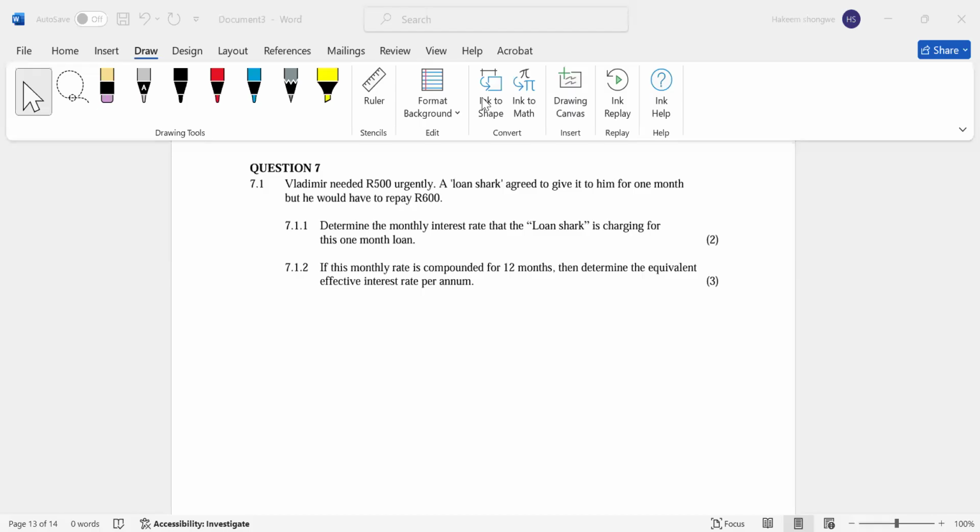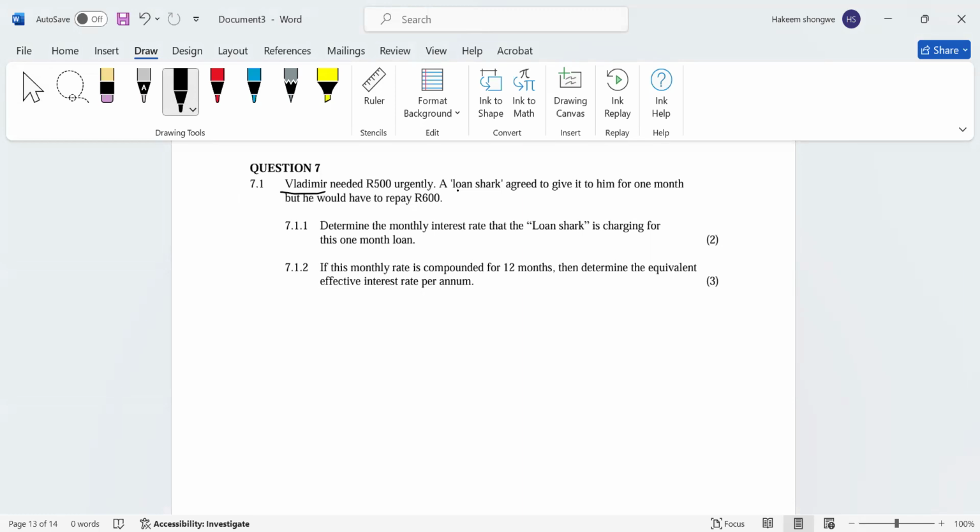Okay, so 7.1 says, Vladimir needed 500 urgently.